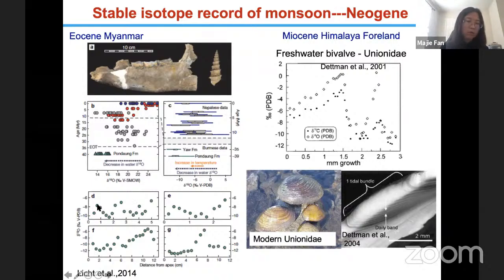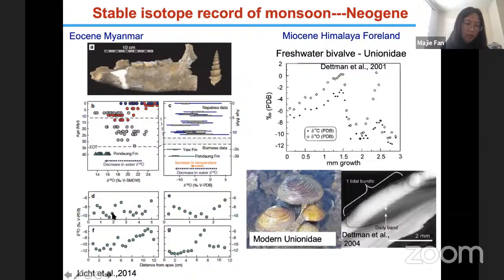To me, the most powerful data to show there is a monsoonal climate is the seasonal variation from these gastropods. Here we are looking at the delta O18 value along the growth bands of several gastropods.